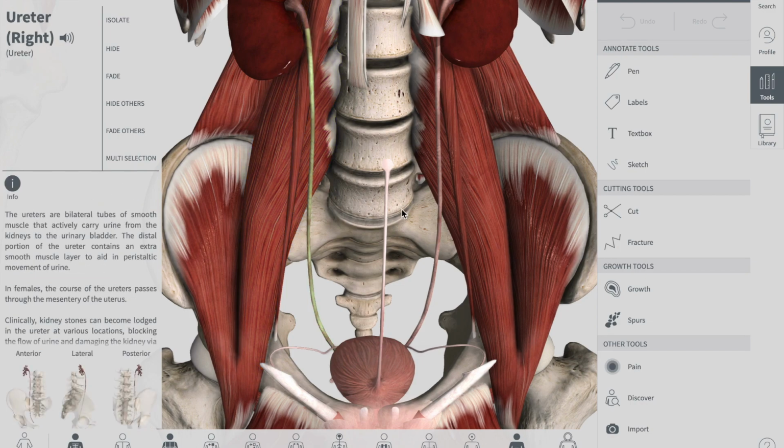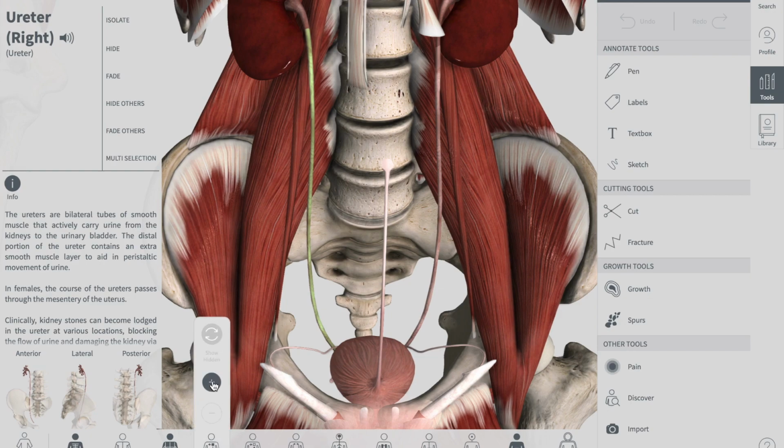At the area of the sacroiliac joint, which is between the sacrum and ilium, right over here, the ureters cross the pelvic brim. The pelvic brim is also called the pelvic inlet, which means you are entering the pelvic cavity. At this point they also cross the bifurcation of the common iliac arteries. Let me show the arteries. Here we go.